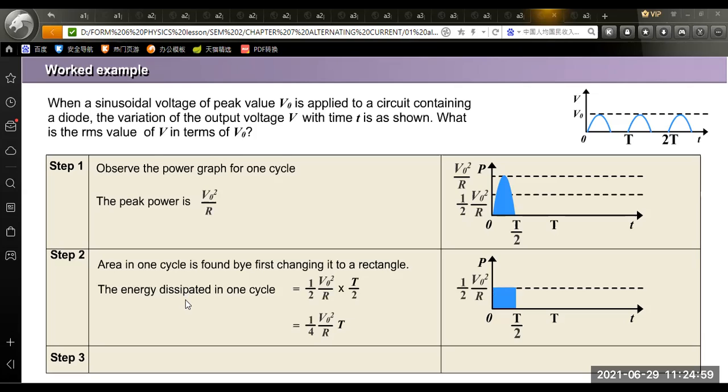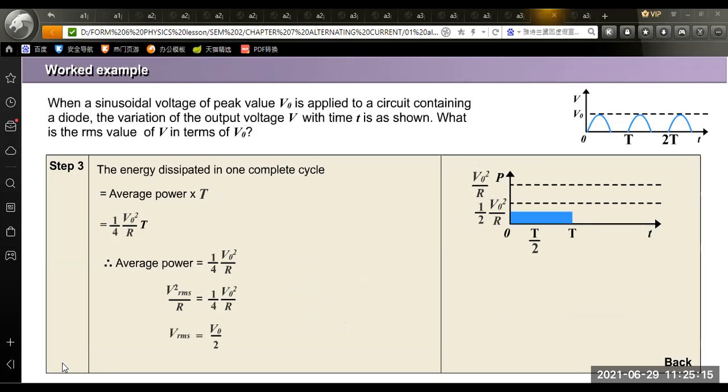The energy dissipated in one cycle is 1 over 2 V naught squared over R times T over 2, so at the end we get 1 over 4 V naught squared over R times T. The energy dissipated in a complete cycle equals the average power times T, so the average power is 1 over 4 V naught squared over R. As a result, VRMS is equal to V naught over square root of 2, from the circuit.